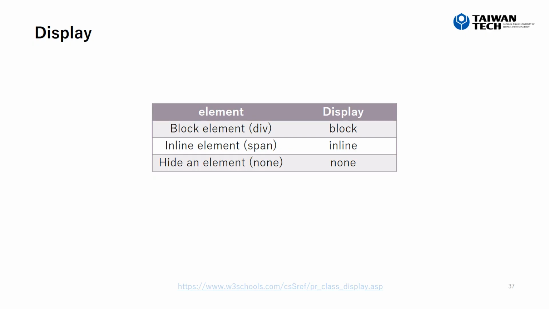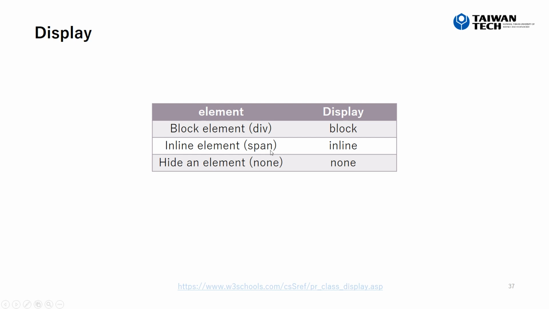If you want to use display, we have block, inline, and none. Traditionally, div, article and section are block elements; their initial state is display block.